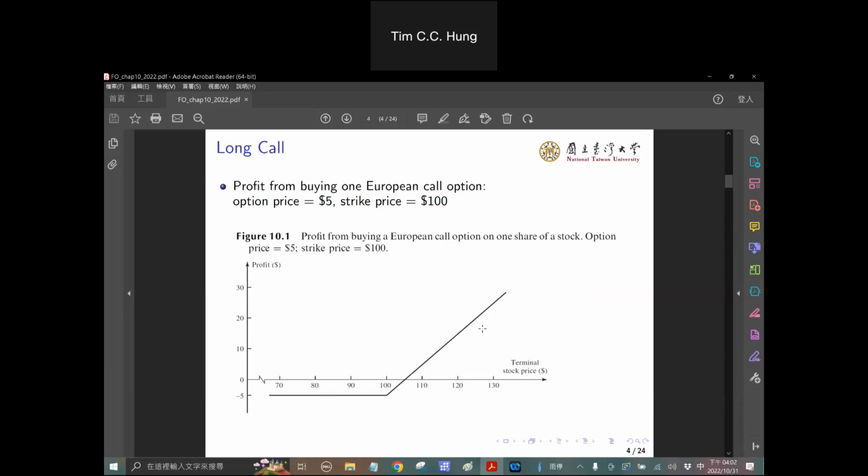We try to build exactly the same payoffs using some combination of other financial assets. By doing so, if we can replicate the payoff, then the cost of the replication must be exactly the value or the price of this derivative.